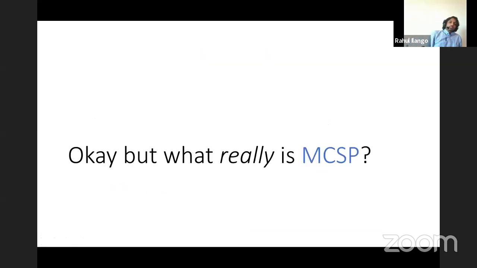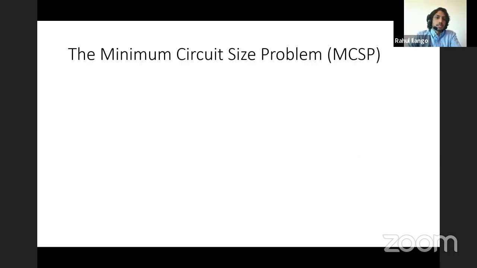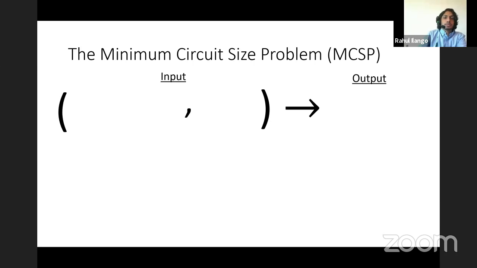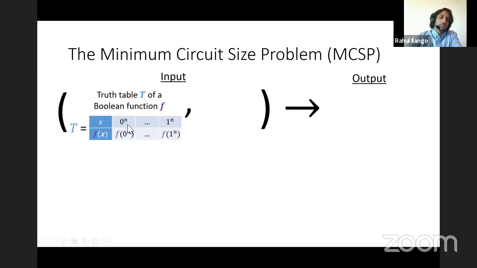Okay, so I've talked a little bit about why you might care about MCSP, but now I just want to come back around and define the problem a little bit more formally. The minimum circuit size problem is going to take two inputs. The first is the truth table of a Boolean function, just the list of values the function takes on all of its inputs, represented as a string.